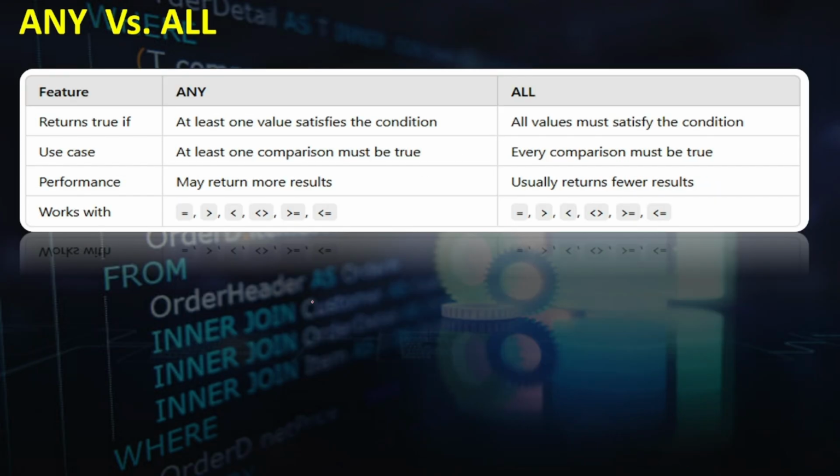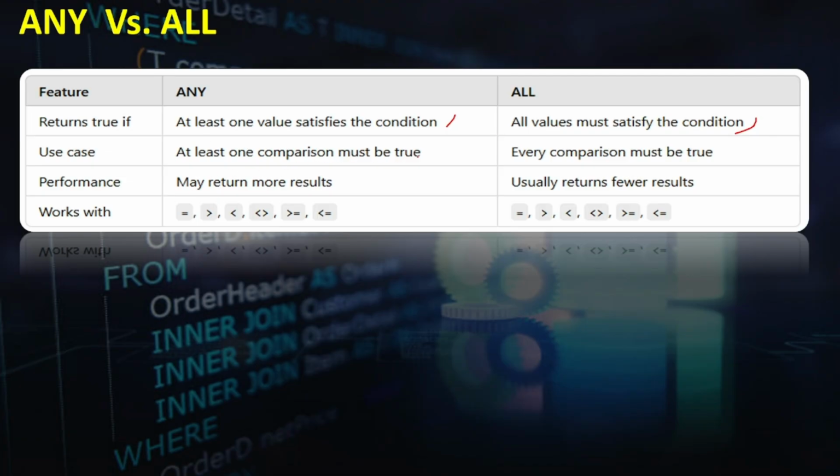Let's go and find the differences between any and all. With any, if at least one value satisfies the condition, then this works and returns true. But with all, every value must satisfy the condition.